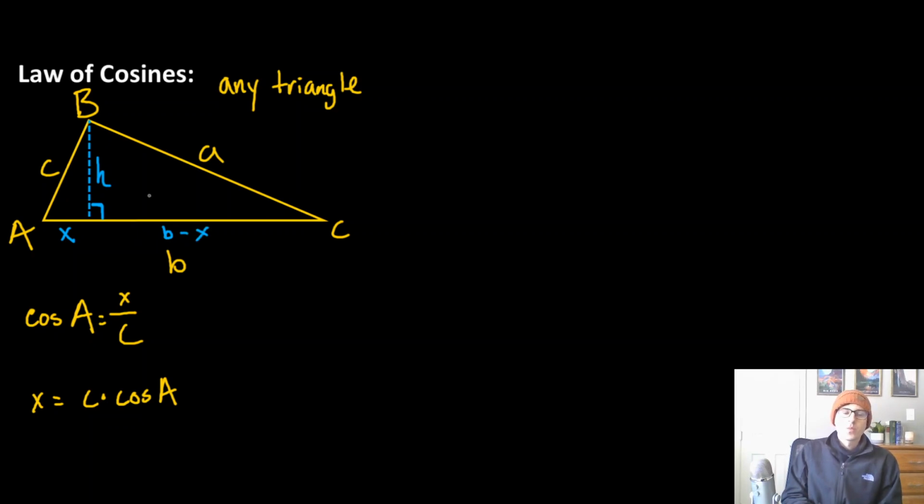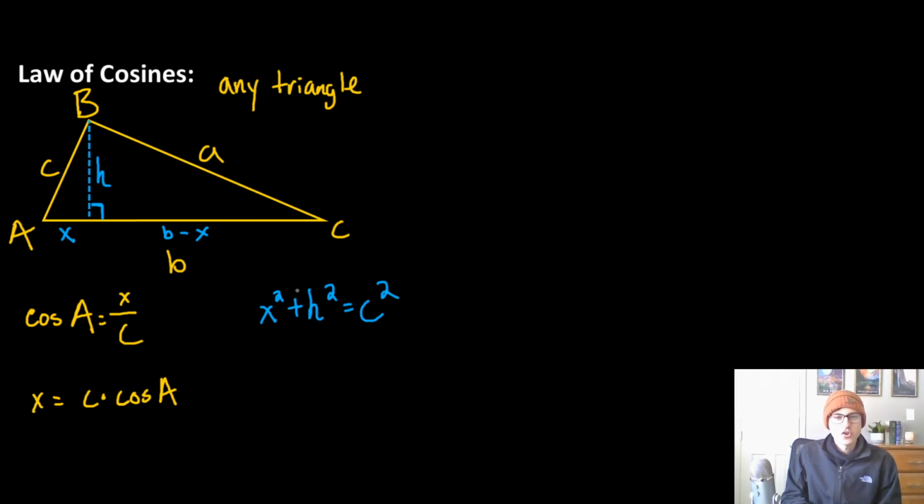What I can do is use the Pythagorean theorem and try to get a few more equations, because if I have 3 equations, then I can solve for 3 variables. So let's get 2 more equations here. One equation is the Pythagorean theorem with this triangle on the left-hand side. So x squared plus h squared equals c squared.